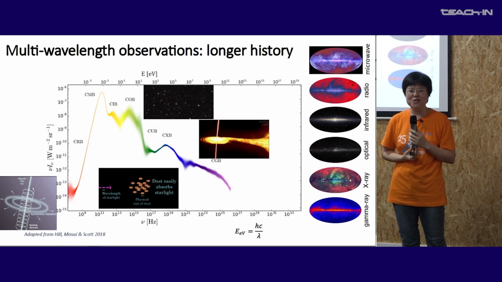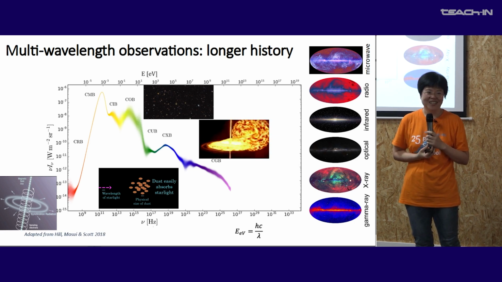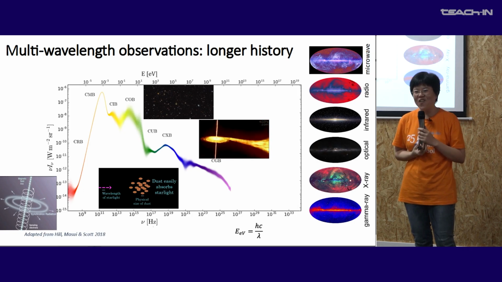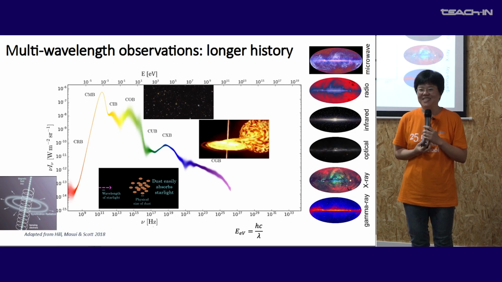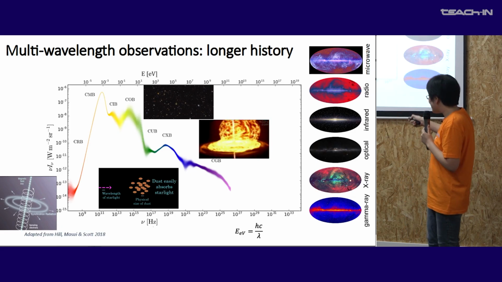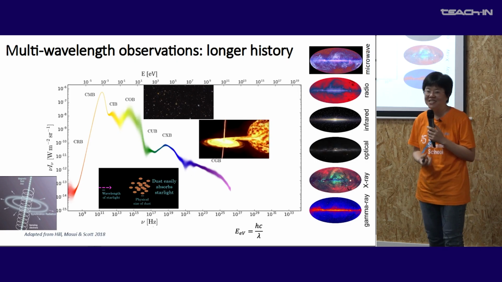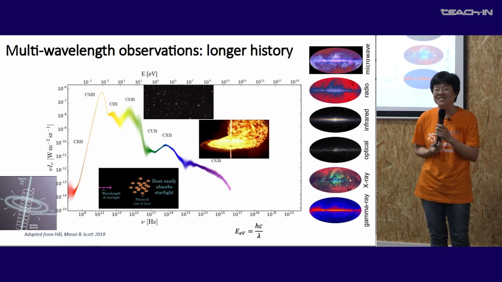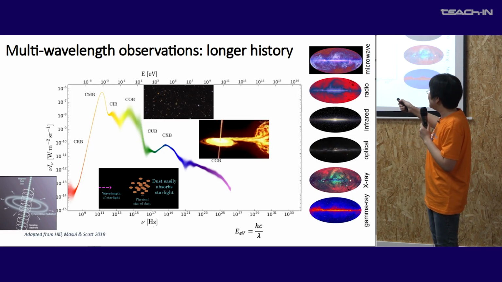The more power you have, the more easily you will be absorbed, right? Or the more easily you will interact. So if you want to have something with bigger energy, then you should wait for your chance. Okay, so that's the multi-wavelength observation.